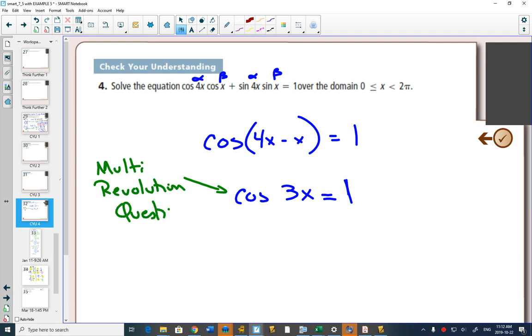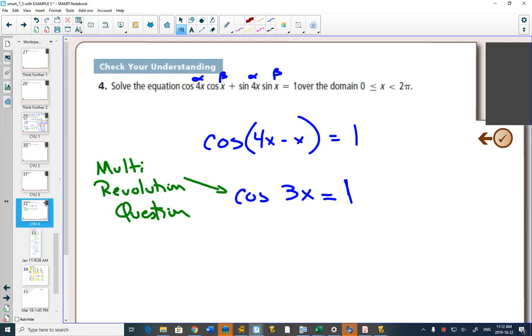It's a multi-revolution question. And the reason I give questions names or kind of questions names is because if you can remember the name and you can recognize something, chances are you'll be able to solve it. If you can't remember the name, I guarantee you, you don't remember how to solve it.